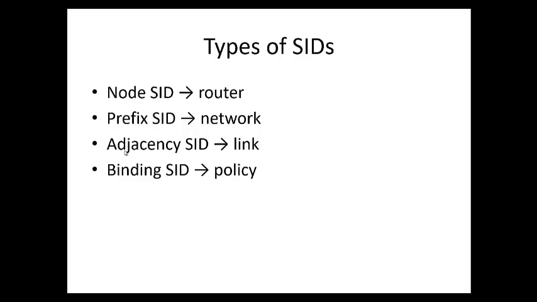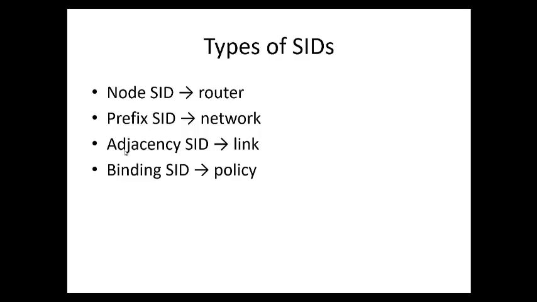Node SIG ID is to point to a router. Prefix SIG ID is to point to a prefix or a network itself. Adjacent SIG ID points towards a link. Binding SIG ID is pointing towards a list of SIG IDs.